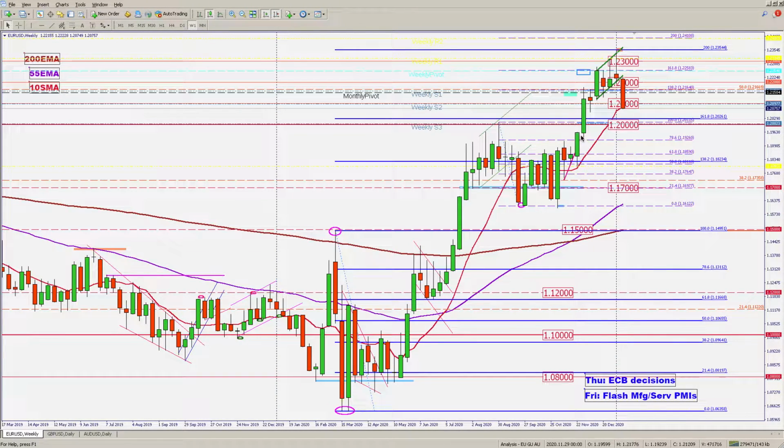So if we take a look at the week, it is definitely a bearish move.